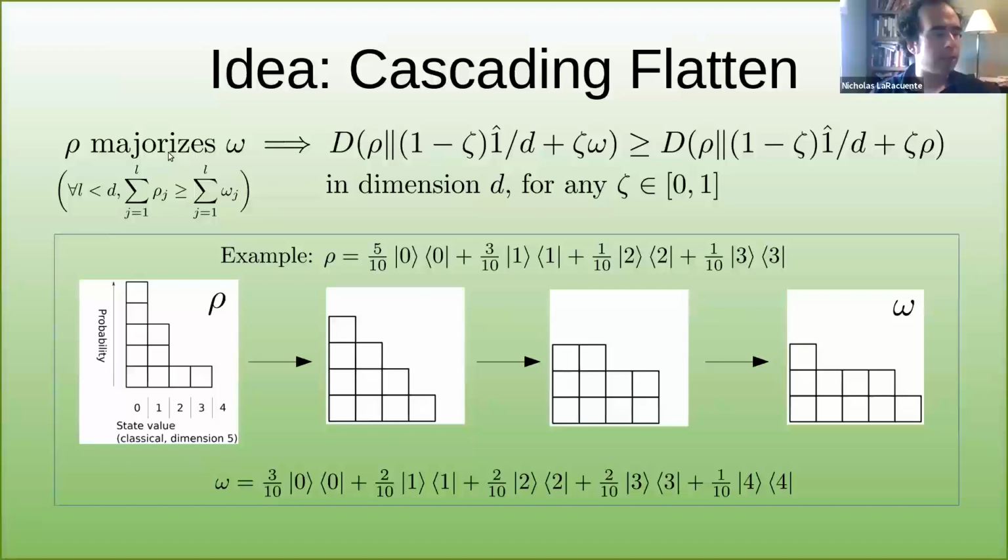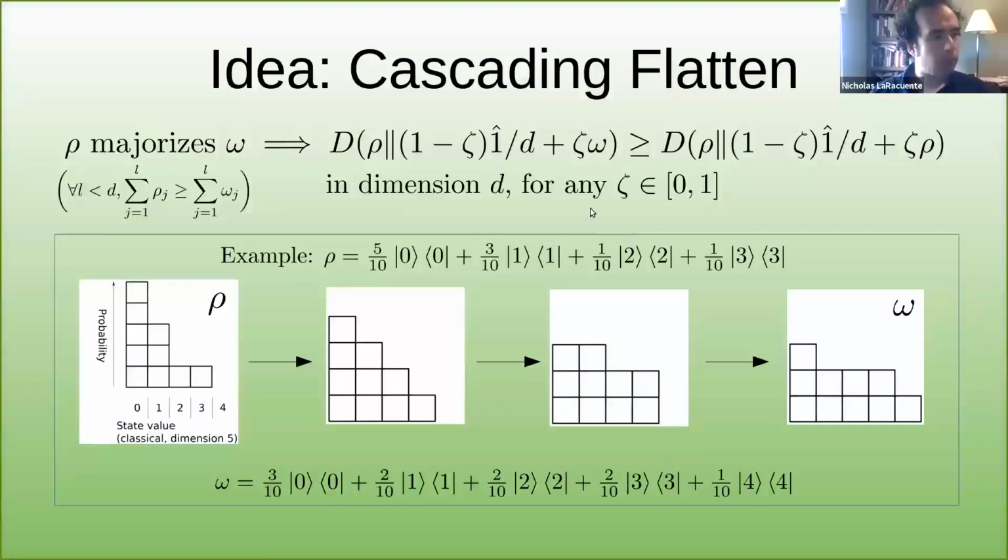In the sense of classical probabilities, what this says is essentially that there's a partial ordering in which omega could be considered flatter than rho. And when that's the case, if we take the relative entropy of rho with respect to a convex combination of a normalized identity matrix and omega, without increasing that relative entropy, we can replace the omega by a copy of rho.